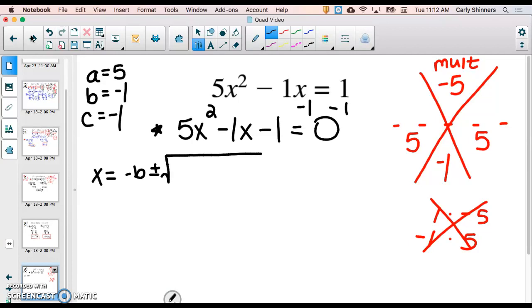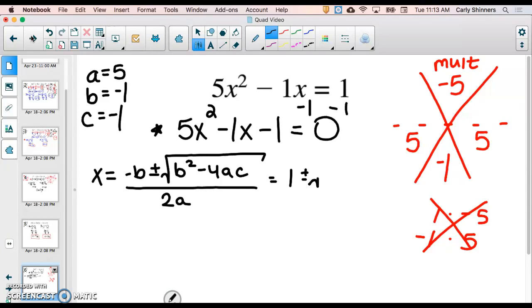I'm going to first write it out just in case you forgot it. So all we're going to do now is plug in my values for a, b, and c. So -b here, that would be -1, so that would give me a positive, right?